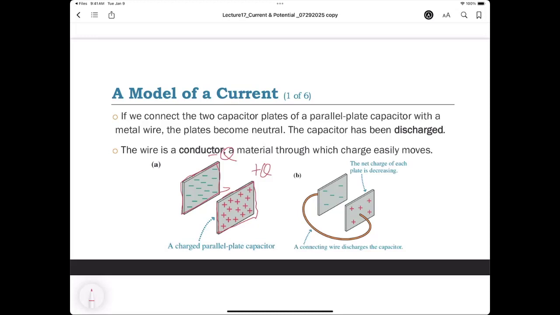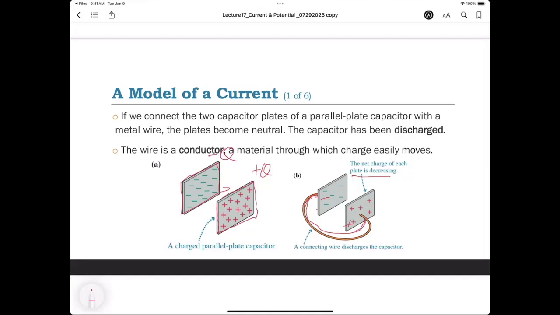But if we connect those two with a metal wire, the plates become neutral. The positive and the negative will be neutralized, and the capacitor has been discharged. That makes sense to you? The net charge of each plate is decreasing, because the negative and the positive neutralize each other.